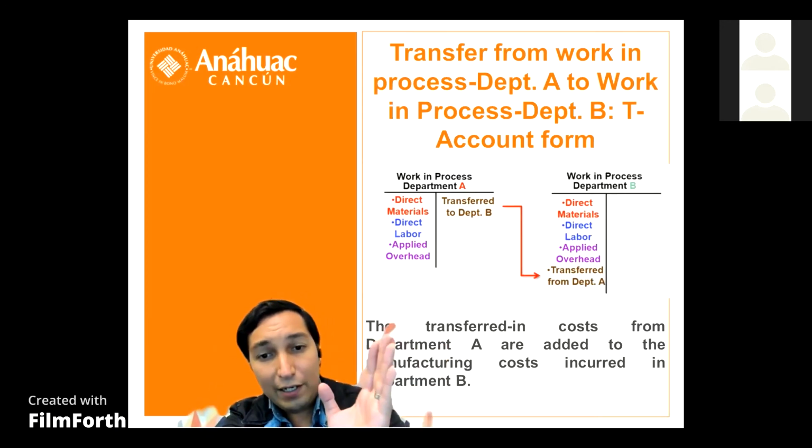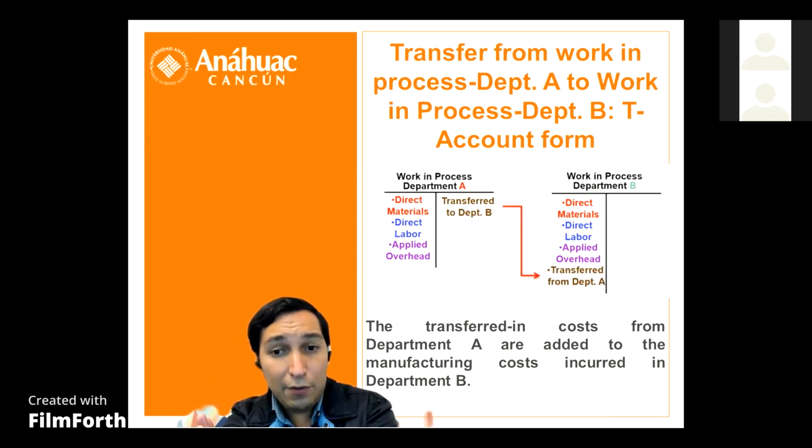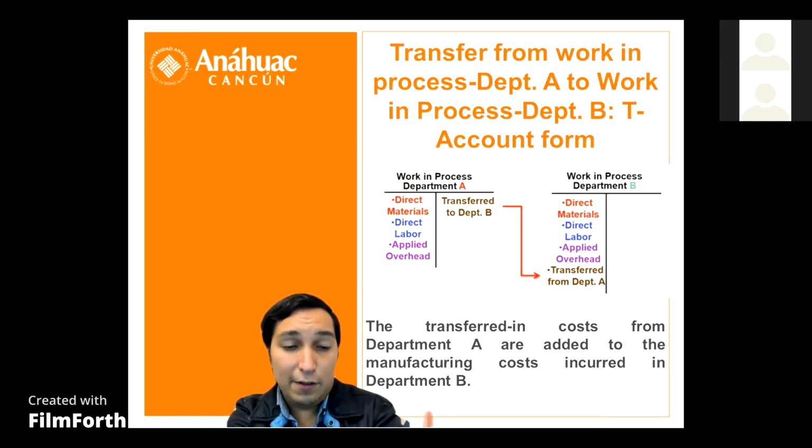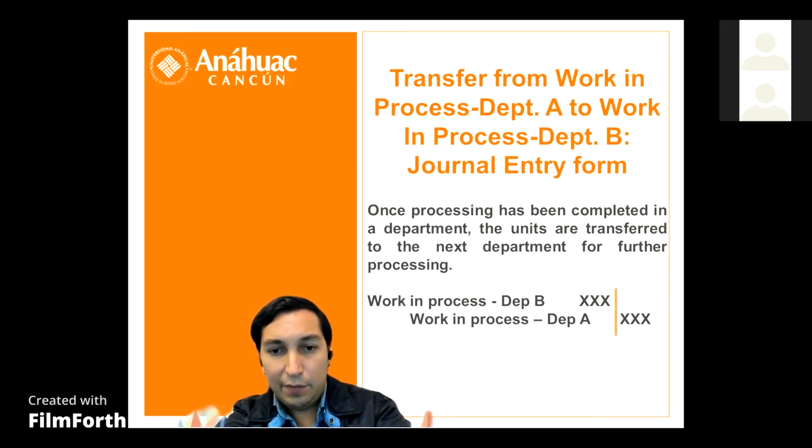So the transferred-in costs from Department A are added to the manufacturing cost incurred in Department B. When it's all done in Department A, we move it to Department B with a debit to WIP in Department B and a credit to WIP of Department A. Again, here's the same thing in journal entry form. We're debiting Department B, it's going up, and we're crediting Department A, it's going down.